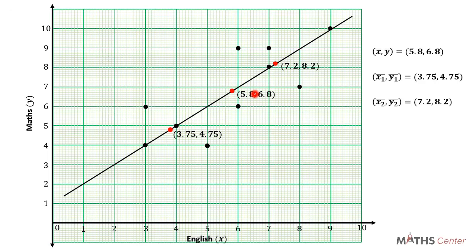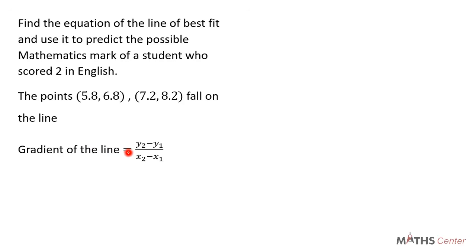We can use any two of these points to find the gradient of the line. And then when we have the gradient, we can use the gradient and any one of these points to find the equation. Here I'm going to use the points 5.8, 6.8 and 7.2, 8.2 to find the gradient. The gradient is given by the formula y2 minus y1 divided by x2 minus x1.